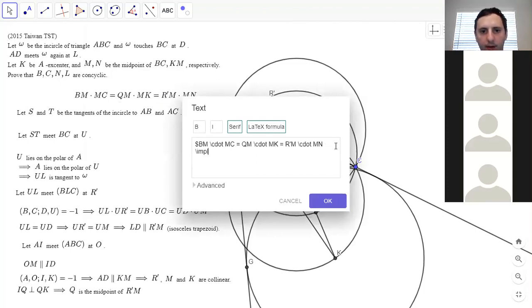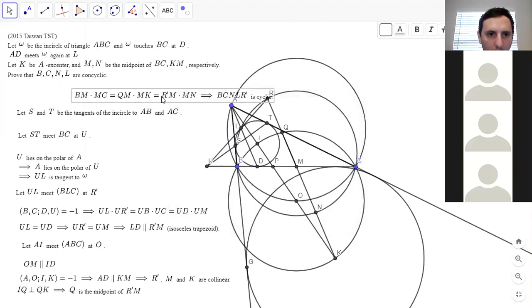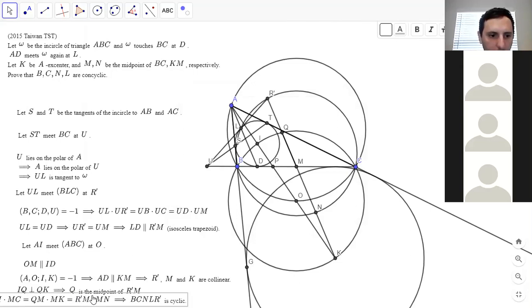That means that BCNLR prime is cyclic, and that solves it. All right. So that is a very nice solution. And I will move on to the next one.